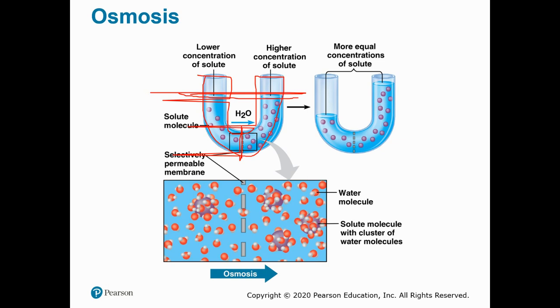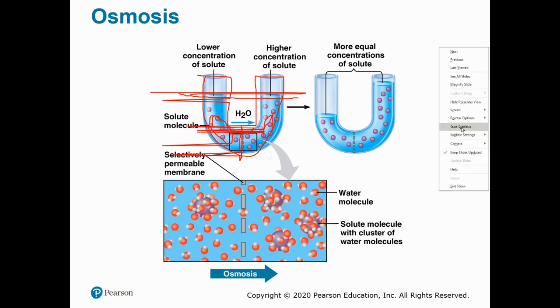And if this is clean water, it's just going to stay that way. However, if on the right-hand side you have, for example, a sugar solution, and on the left-hand side you have plain water or a less concentrated sugar solution, you have fewer solute molecules on the left than on the right.